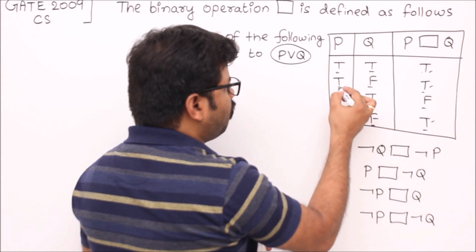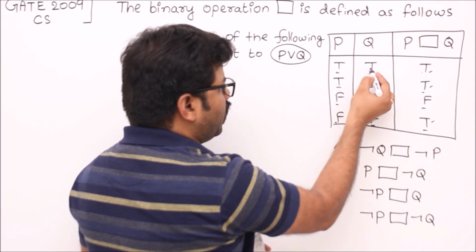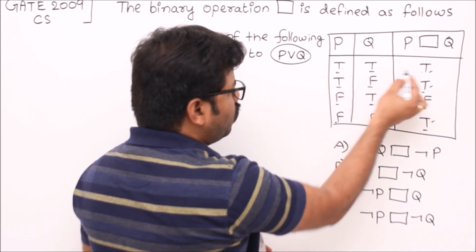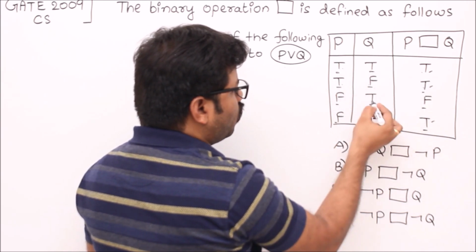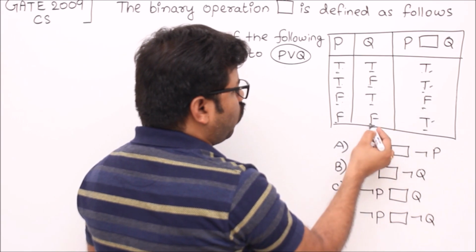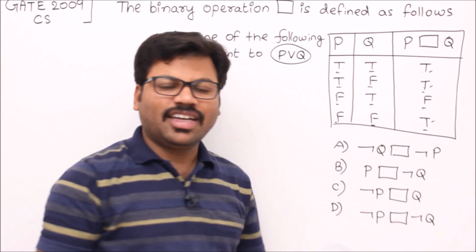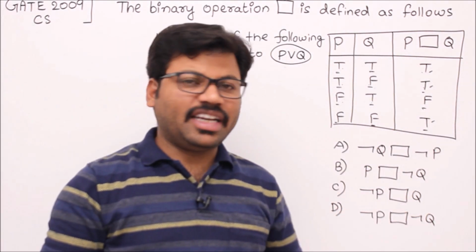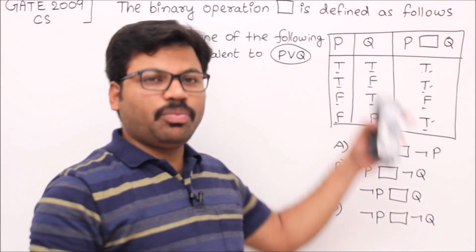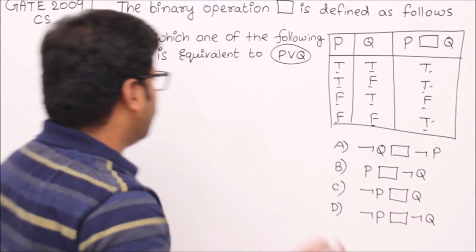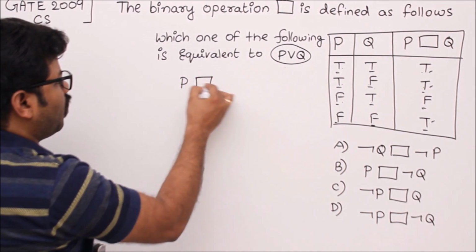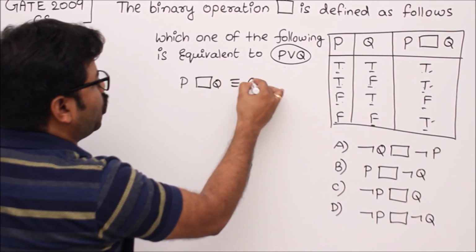When Q false, P true, it is true. See now, it's like implication. True implies true, false implies true, true implies false is false, false implies false is true, isn't it? It's exactly the implication operator, but it's from Q to P, not P to Q. So now I realize that P box Q is nothing but Q implies P.